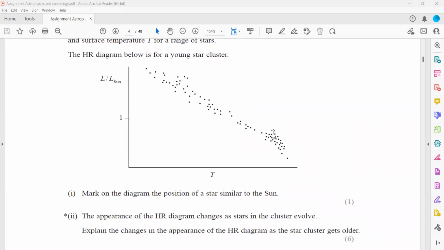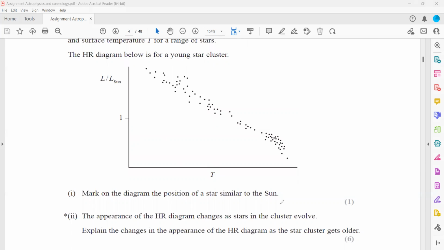So it is actually related to the star cycle. What actually happens? Like first, when there's hydrogen, all these stars are main sequence stars. Then what will happen as the hydrogen fusion ends? The star will evolve into a red giant.